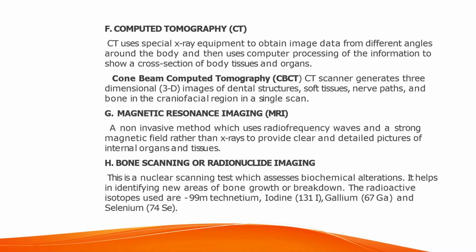Then bone scanning or radionuclide imaging. This is a nuclear scanning test which assesses biochemical alterations. It helps in identifying new areas of bone growth or breakdown. The radioactive isotopes used are mostly technetium 99, iodine 131, gallium 67 or selenium 74.